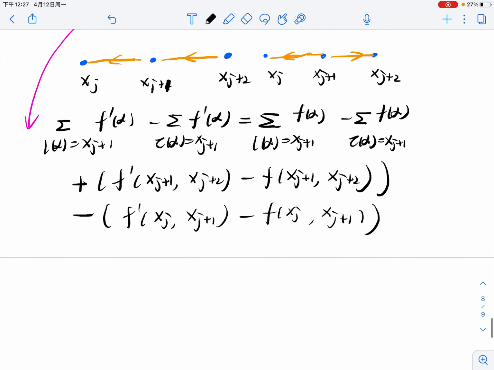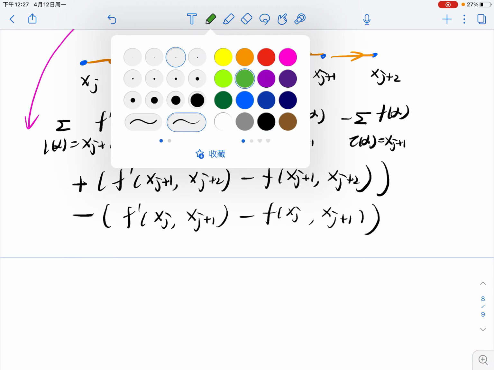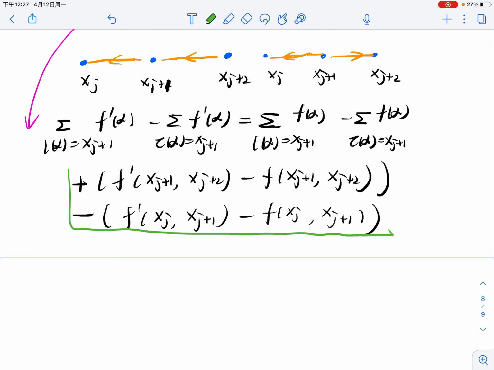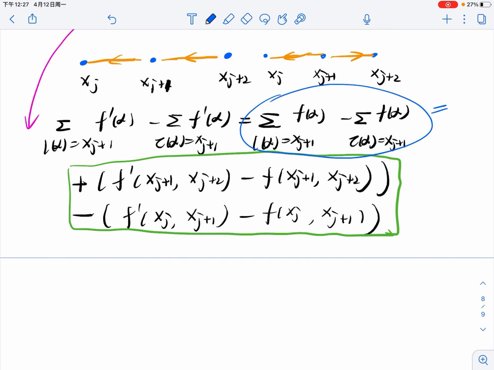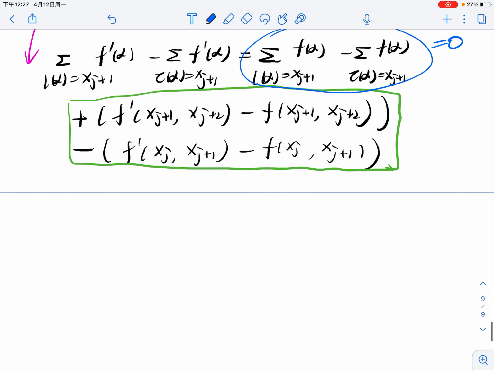Okay, so this corresponds to the change from f to f prime, and then this is 0 because f is a flow.